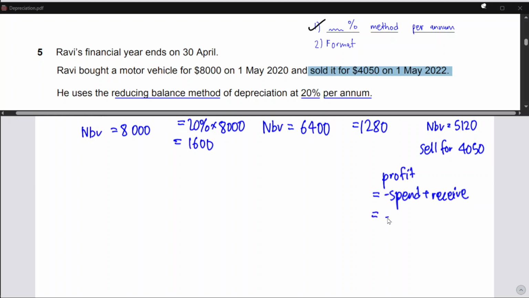So this one equals minus net book value plus the amount received. So it equals minus 5120 plus 4050. So you get minus 1070.